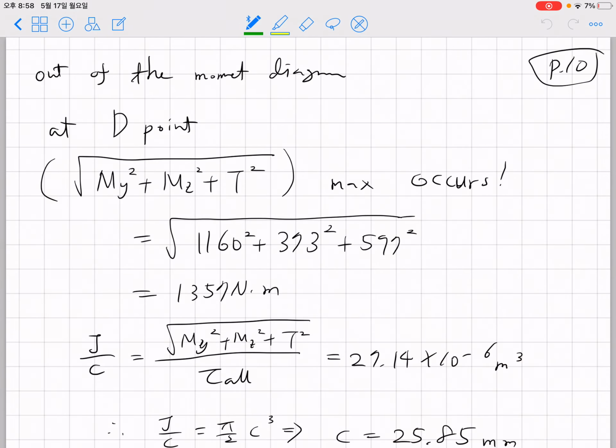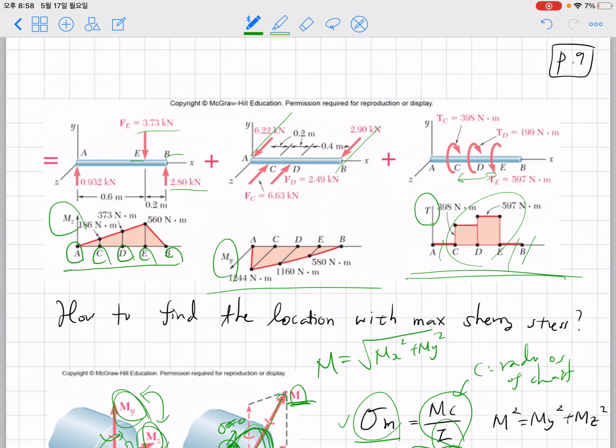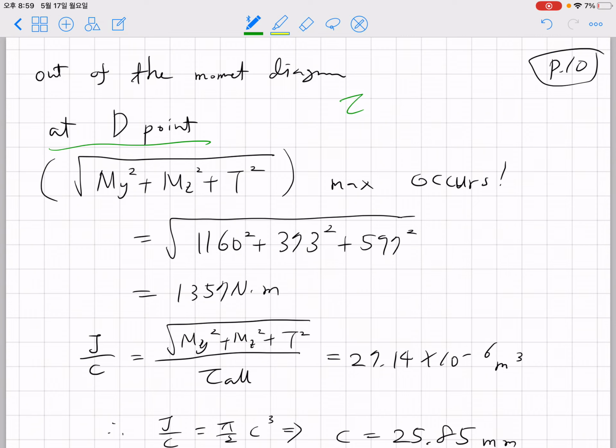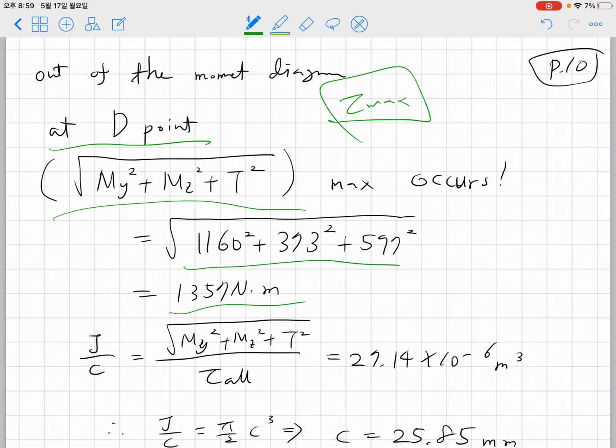Okay, so out of all the moment diagrams, we found that at point D, it does not have the largest Mz, it does not have the largest My, but it has the largest T. But combining these three contributions, you happen to have the maximum tau max, or maximum square root of My squared, Mz squared, and T squared. And after plugging in the numbers at point D, you have 1357 Newton meter for this square root value.